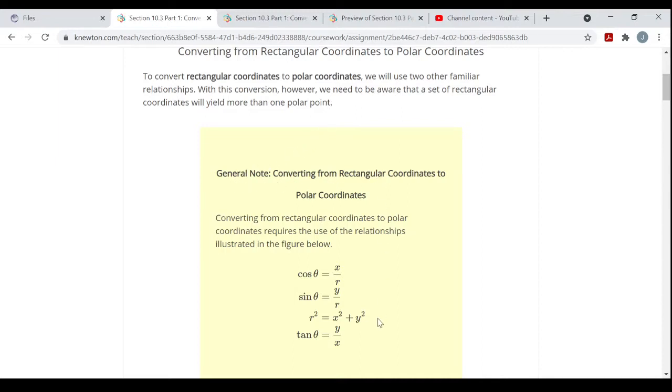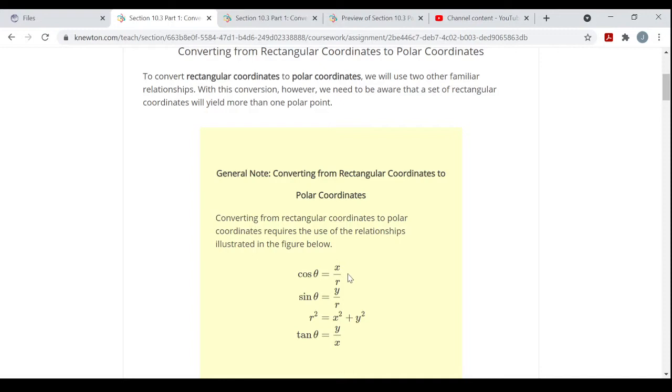All right, so here they have some general formulas, and I'll actually draw a little picture showing you where these come from. Converting from rectangular coordinates to polar coordinates requires the use of the relationships. The cosine of the angle theta is x over r. The sine of angle theta is y over r.